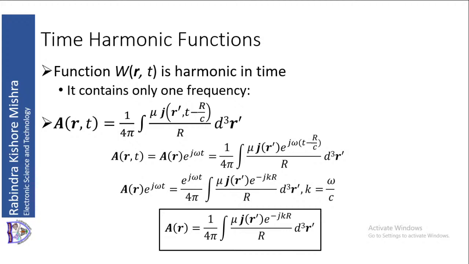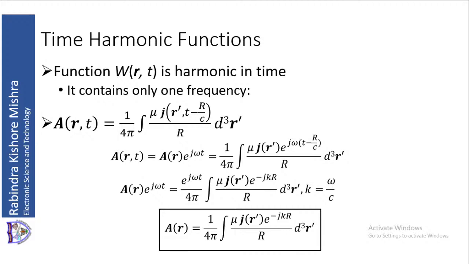So vector potential A, when represented in time harmonic form, has a spatial part and a temporal part. The temporal part varies as exponential j omega t, and the spatial part is A(r), that is, 1 by 4 pi times the volume integral of mu J as a function of r dash, exponential minus jkR, divided by capital R, where capital R is the distance between the source and the observation point.